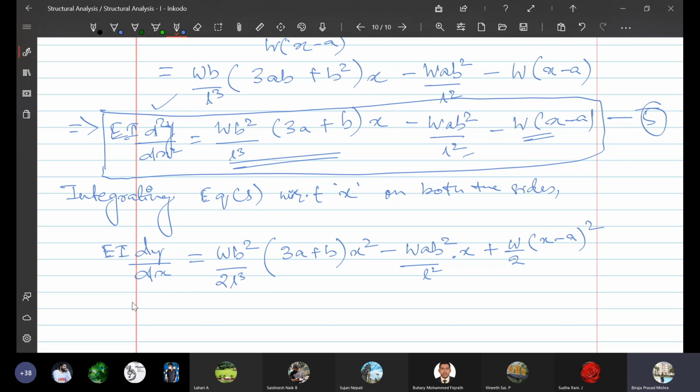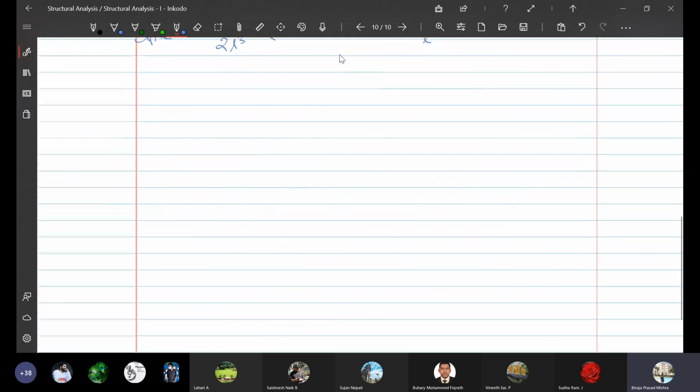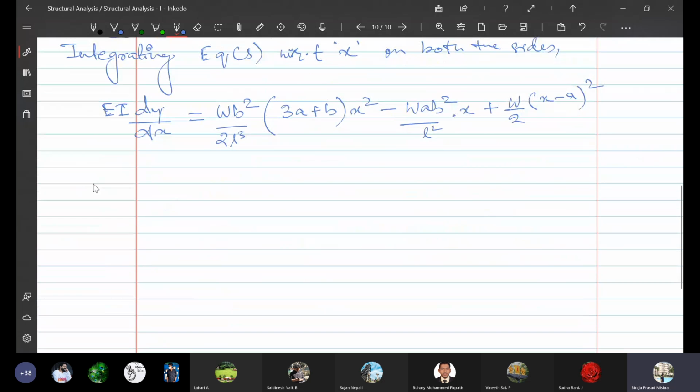Now let's put the boundary condition. What is the boundary or end condition we may call it? Since it is a fixed beam, the slope here is 0 and the slope here is 0. This is A, this is C, this is B. We are considering x from here till a.